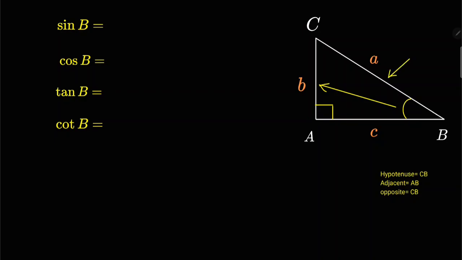So in this case, we can write sine B is b divided by a. And cosine B is the adjacent of B, which is c, divided by the hypotenuse a. So it's c divided by a.